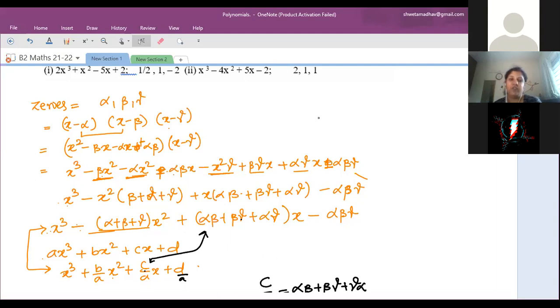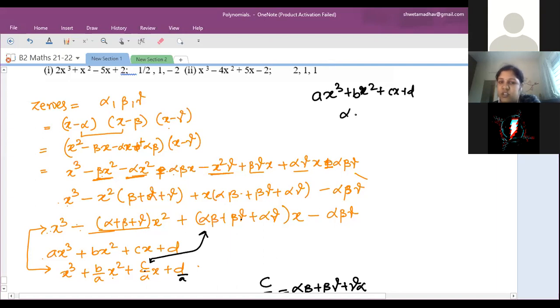Initially what we have considered is a polynomial ax cube plus bx square plus cx plus d. This is a polynomial whose zeros are alpha, beta and gamma. Now by knowing the zeros, we are trying to form the polynomial. So these are the zeros, these are the factors. The product of the factors is a polynomial, so we tried solving that way.